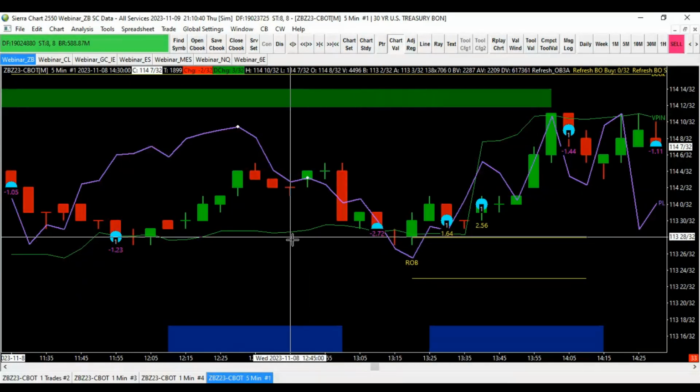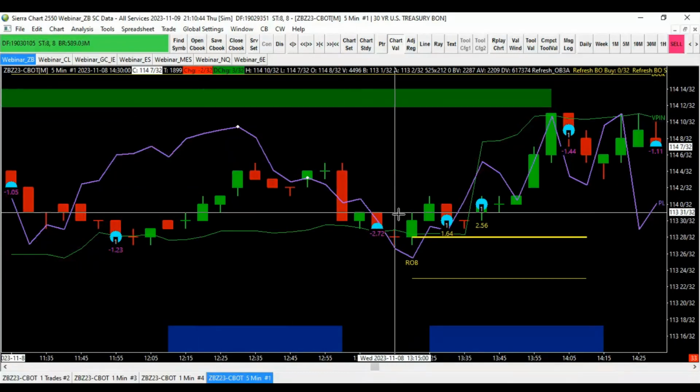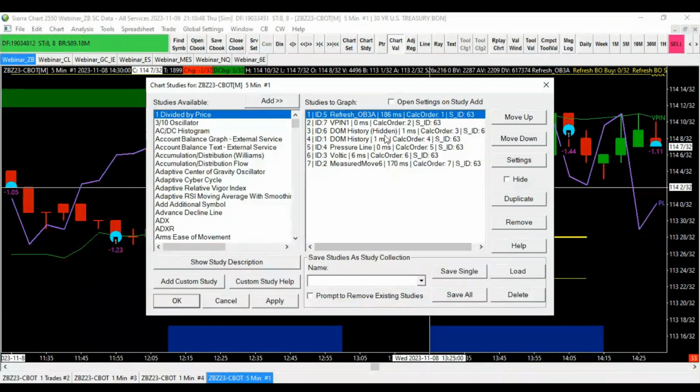I'm going to start off with bonds, the 30-year bond, ZB. On this chart, we've got the refreshed order book, VPIN, which is looking at toxic trading. There are two DOM history indicators here, but one is for the stacking and pulling, which I'm not using on this chart.